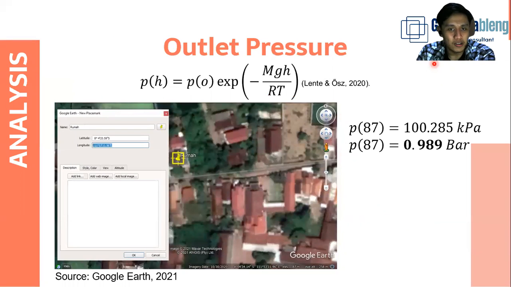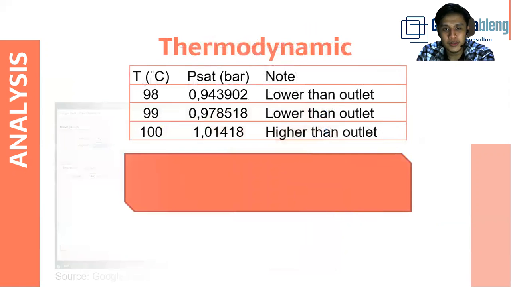Next, here is the outlet pressure measurement that I found: 0.989 bar. I use the isothermal assumption with gravitational acceleration constant. And here is the thermodynamics. From the last slide, we have different temperatures: 90, 98, 99, and 100.